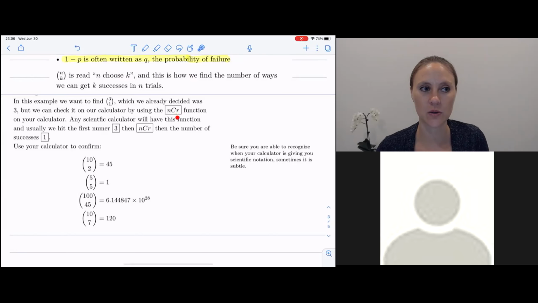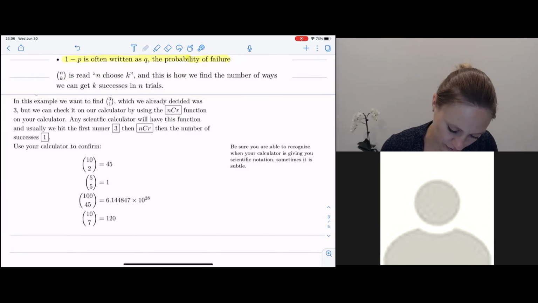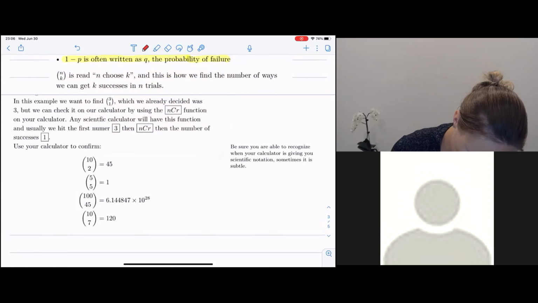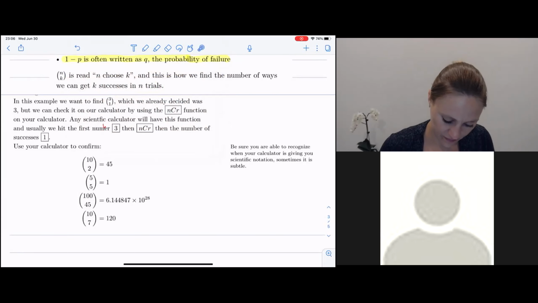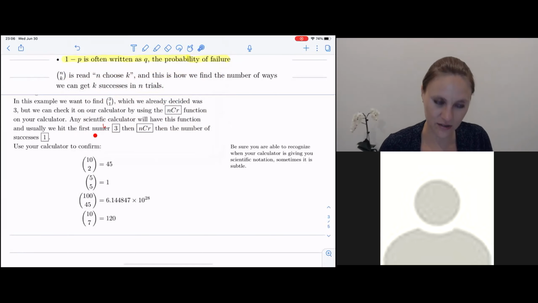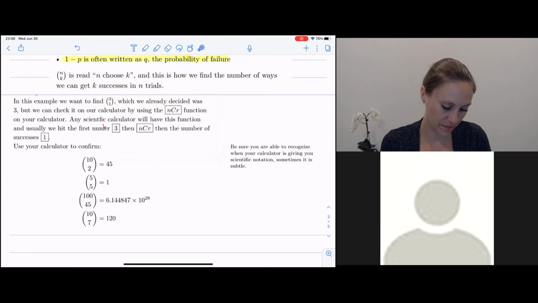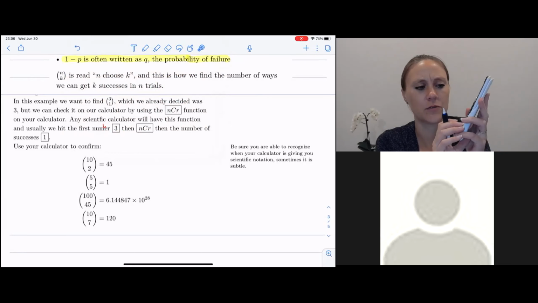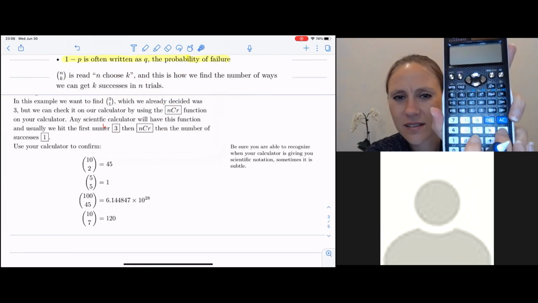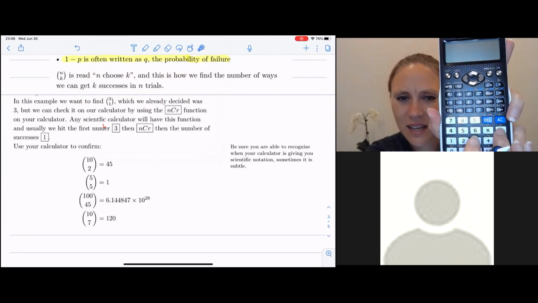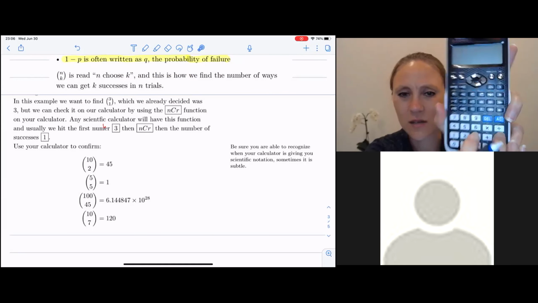Usually you hit the first number 3, then the nCr button. For me on this one it looks like that, so it's a second function.